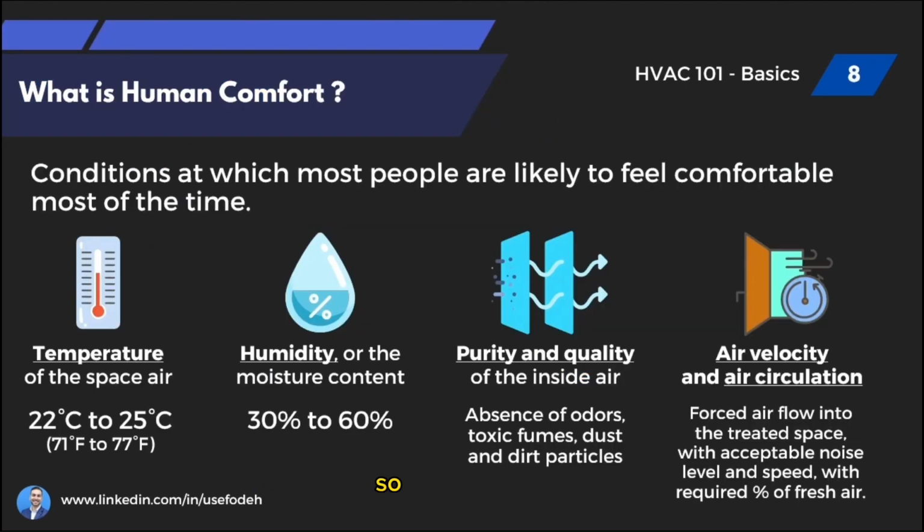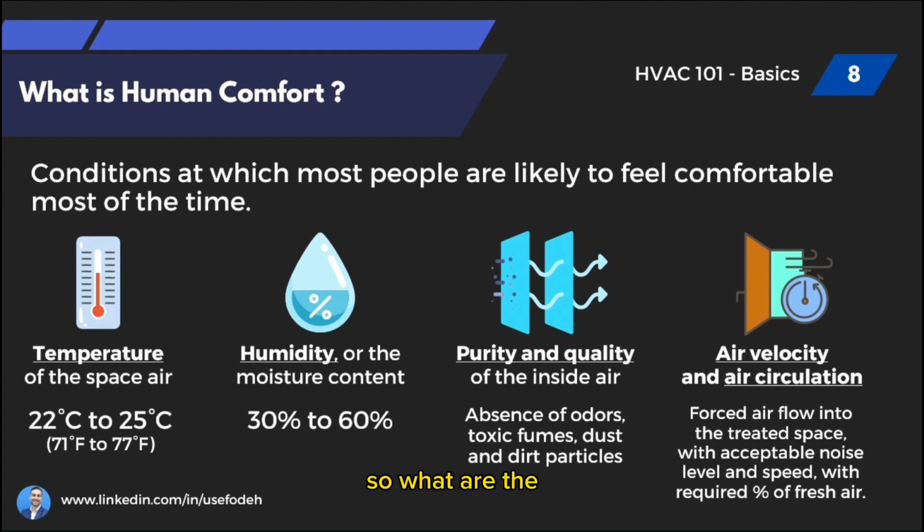So what is human comfort? Before that, again, the main objective of an HVAC system is to maintain the environment in an enclosed space at conditions that induce the feeling of comfort to the occupants of that space.